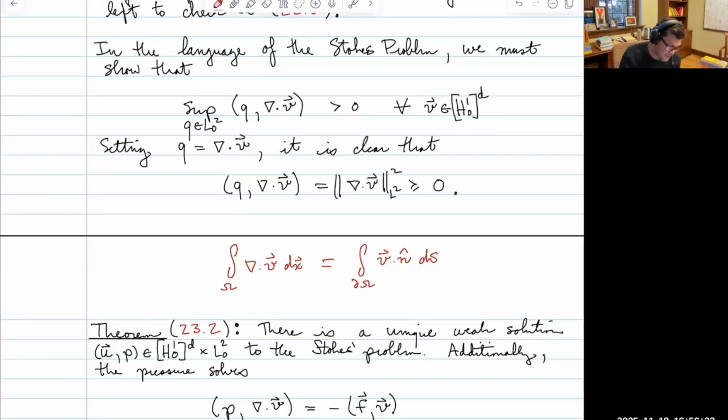But v comes from the space H01. Each of its components is equal to 0 on the boundary, so this integral is just 0. So this is a mean zero function. Therefore, this is a mean zero function, if we define it that way.